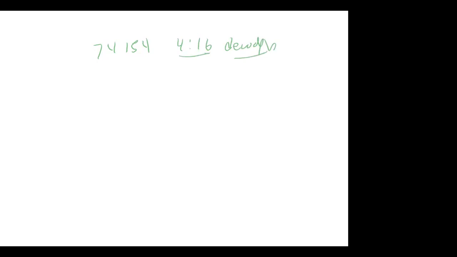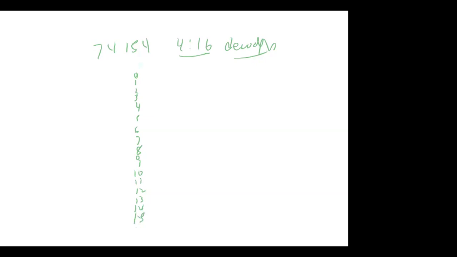So a 4 to 16 decoder says I have, I don't know if I can do it in this space, 0, 1, 2, 3, 4, 5, 6. We better make this bigger. Let's start by numbering. 0 through 15, which is 16 outputs.